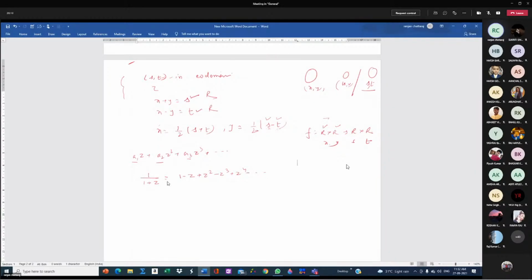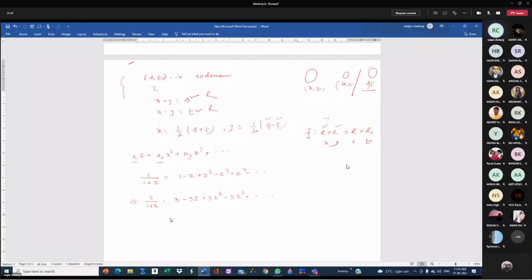And if you multiply this by 3, what will you get? It is 3 by 1 plus z. So 3 minus 3z plus 3z square minus 3z cube and so on.